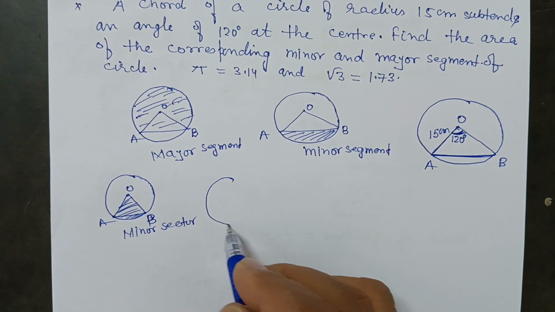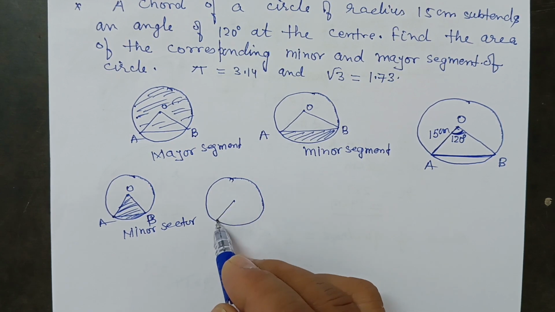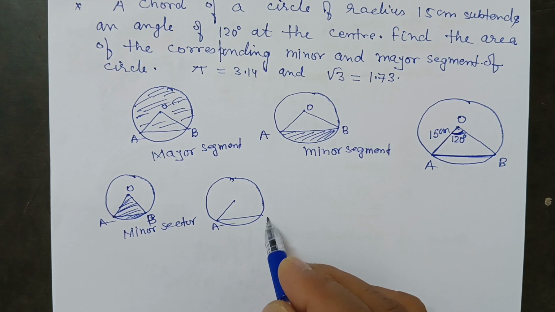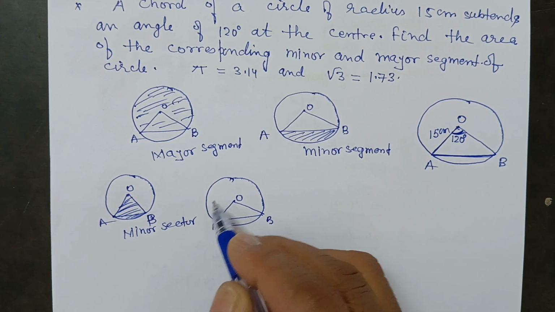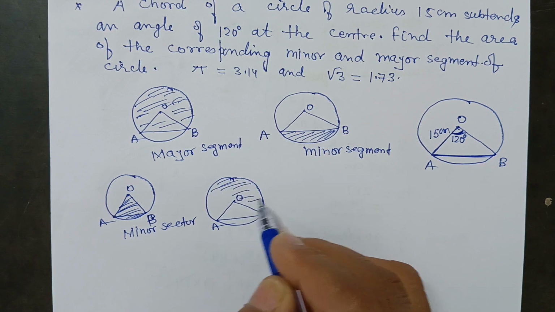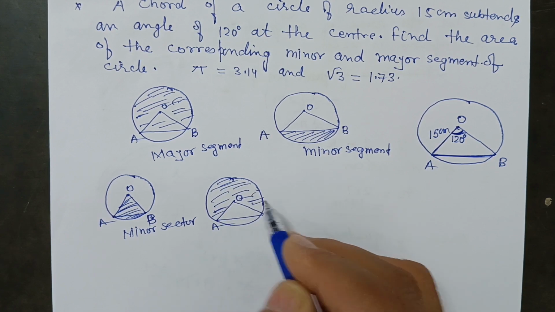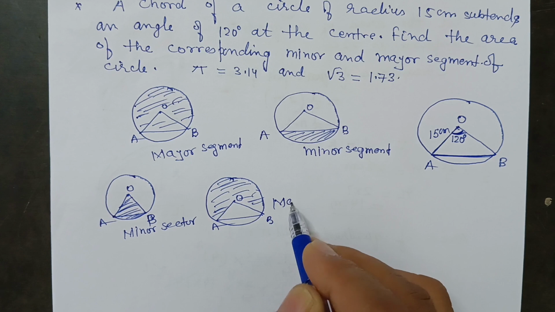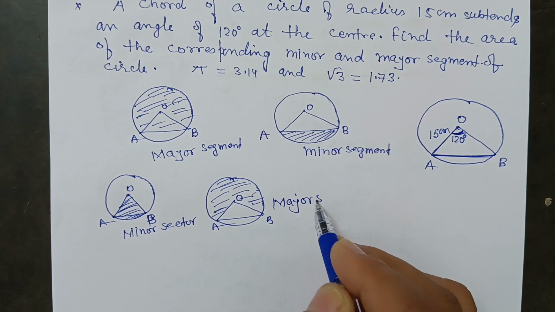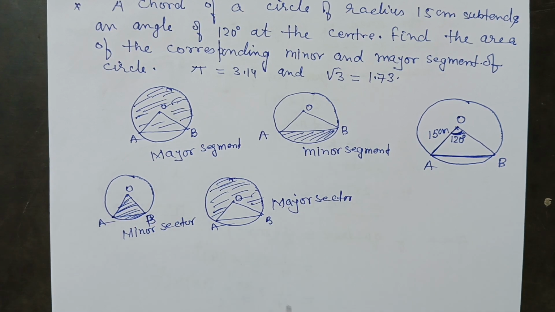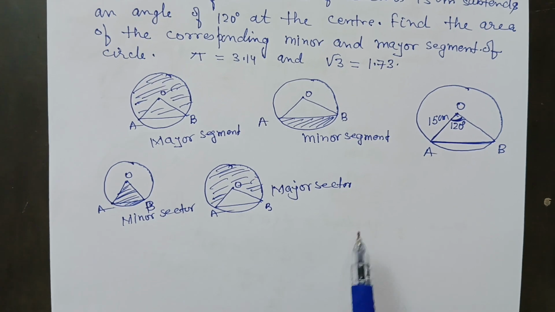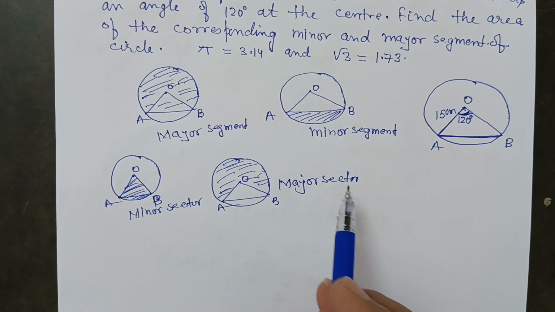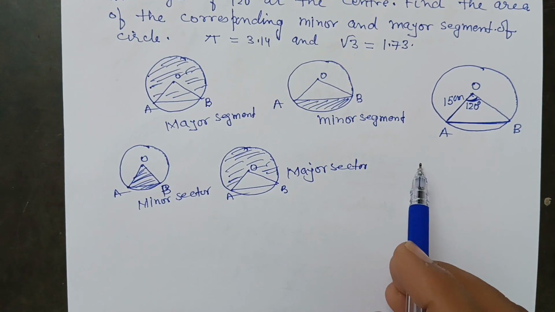And this part, with the chord AB and radius OA 15 centimeter, is the major sector. So while finding the area of segment and sector, we keep ourselves aware of the difference between the sector and segment.